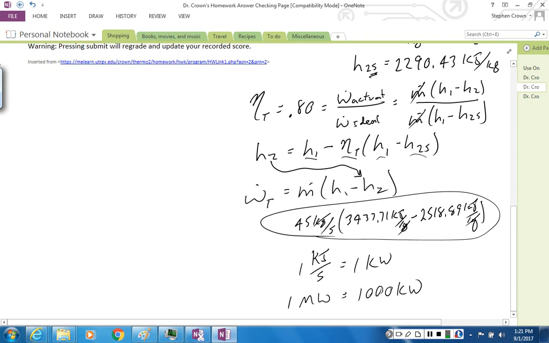You're going to end up multiplying by 1 megawatt divided by, so we take our answer times 1 kilowatt over 1 kilojoule per second, because we have whatever our value is in kilojoules per second, and then we're going to multiply by 1 megawatt for 1,000 kilowatts. So the kilowatts cancel, kilojoules per second cancel, and we get megawatts, so we have to divide our answer by 1,000.